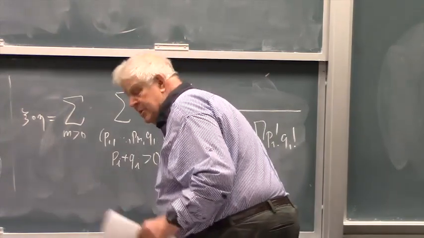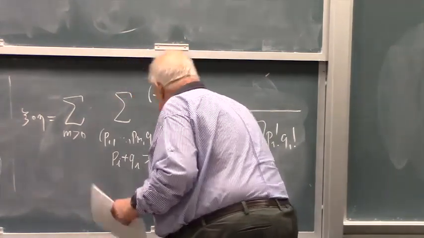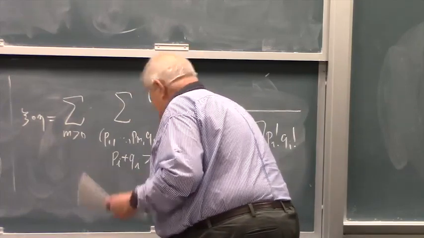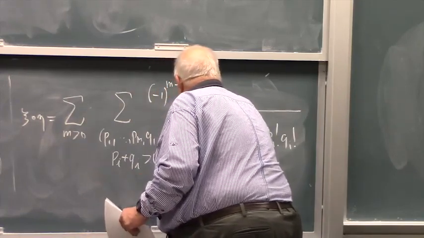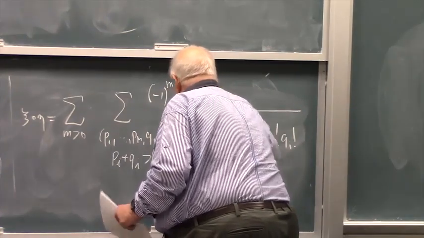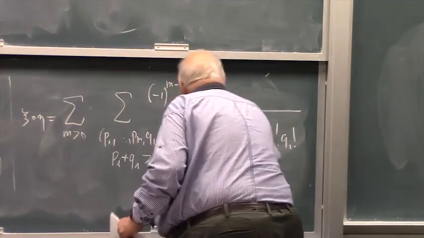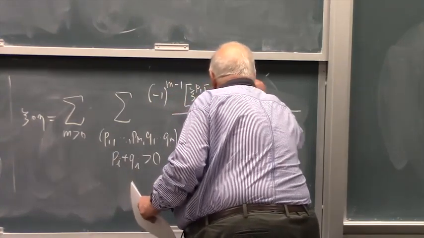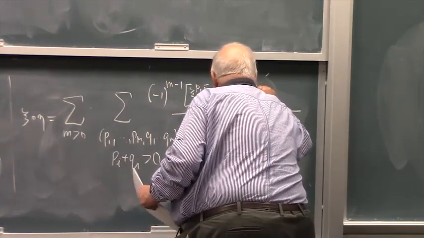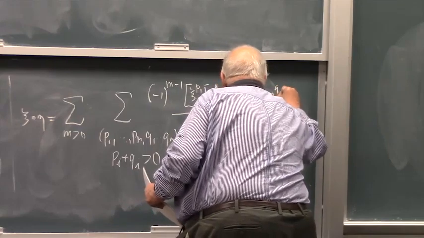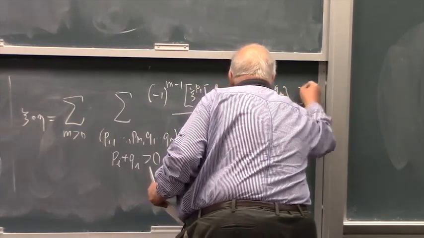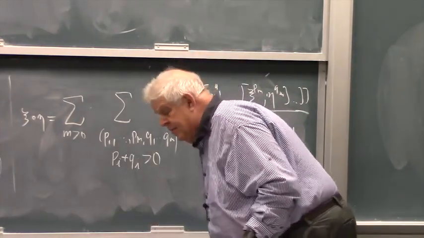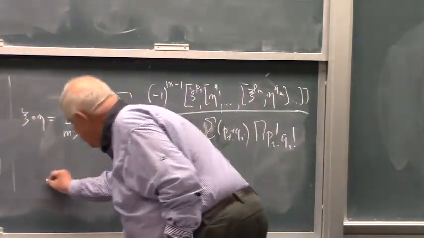I use some notation: I write c to the power p1, then eta to the power q1, and up to c to the power pm, eta to the power qm. This is the sequence of commutators.